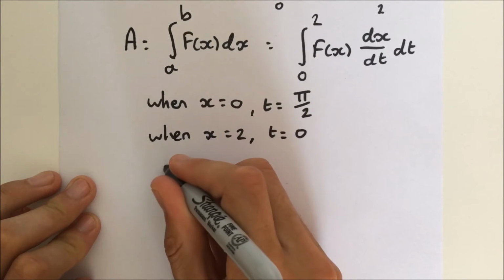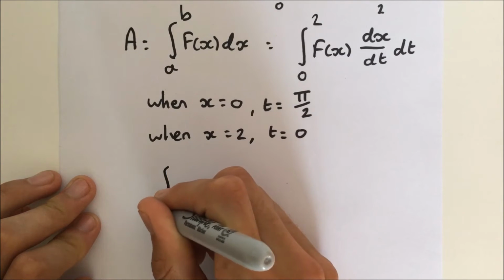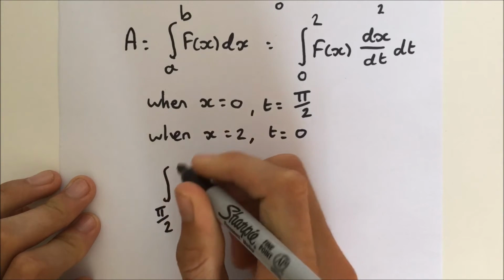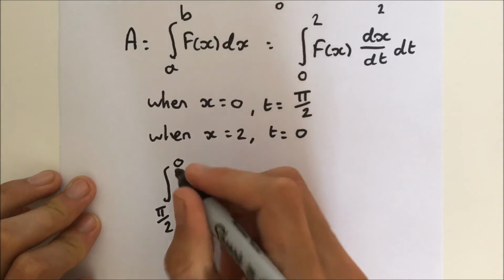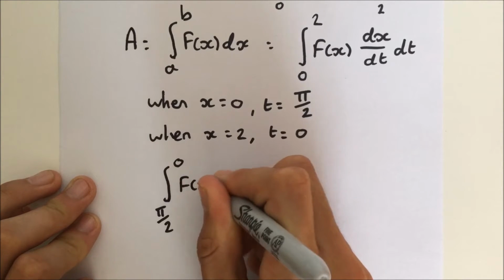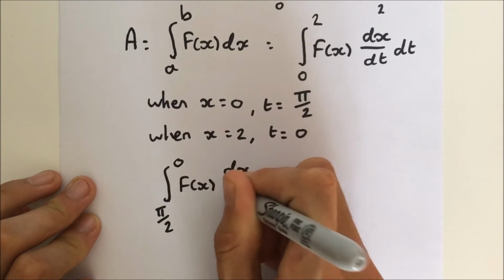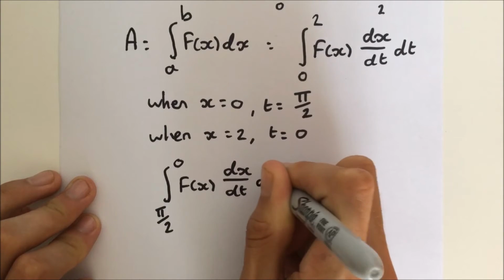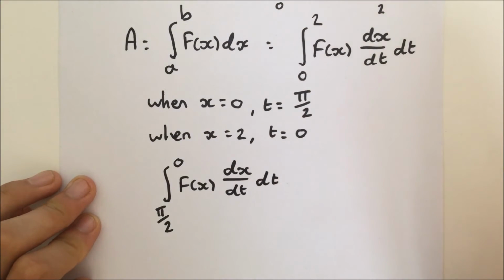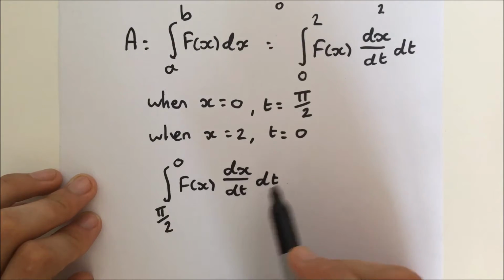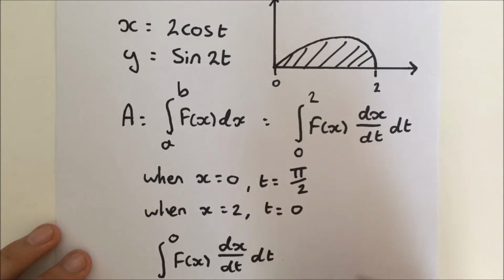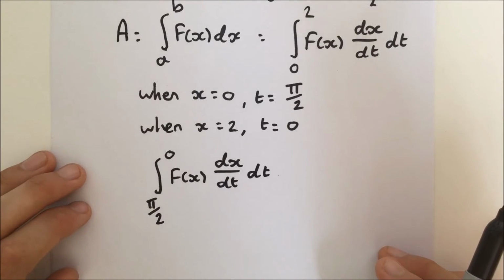So we get the integral from pi upon 2 to 0 of f of x dx by dt. Okay, good. So first of all, let's find the derivative of x with respect to t. x is 2 cosine of t.